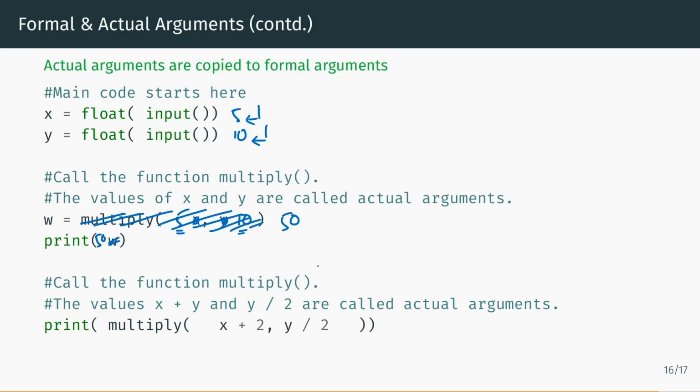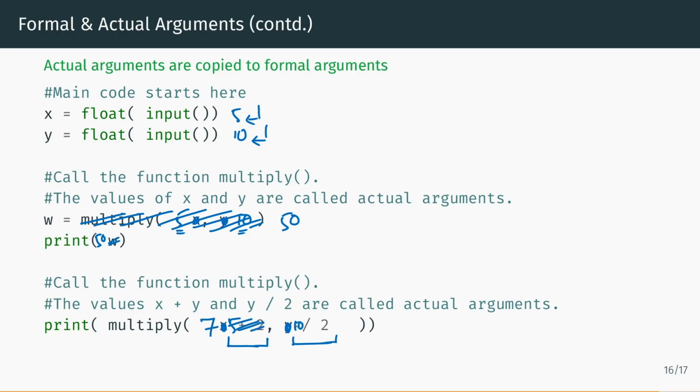Similarly, you can call multiply with expressions, and these expressions are evaluated first. So x is replaced by 5 and y is replaced by 10. Next, Python will evaluate these expressions. What is 5 plus 2? 7. So it will replace this with 7.